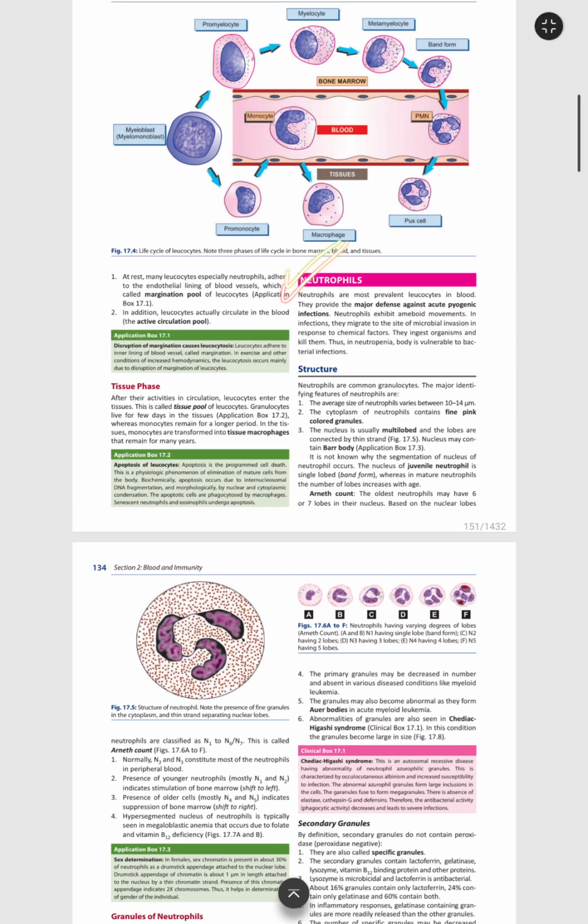Now this is important from your practical point of view. Neutrophils are the most prevalent leukocyte in blood.